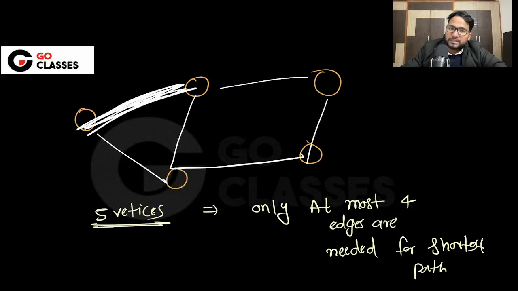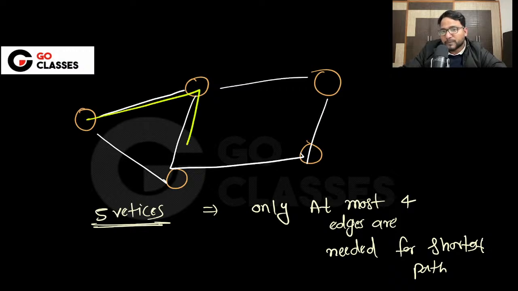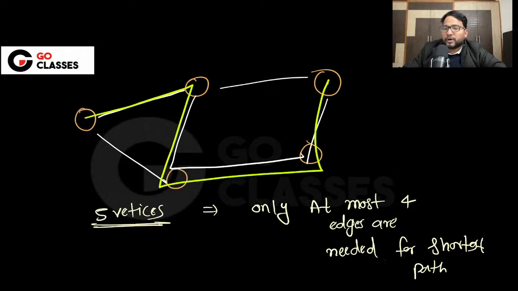If you run the loop 2 times, you will get the shortest path using at most 2 edges. If you run it 3 times, at most 3 edges. If you run it 4 times, you will get the shortest path using at most 4 edges, like this.